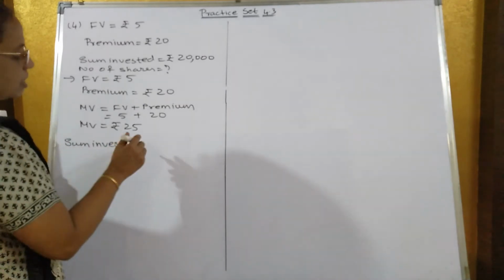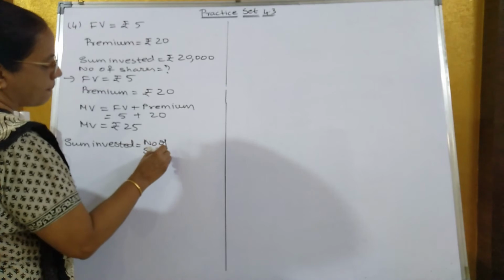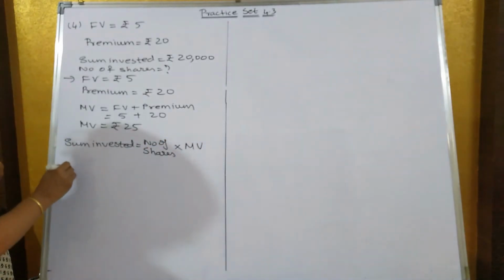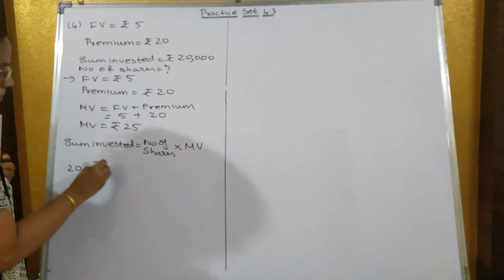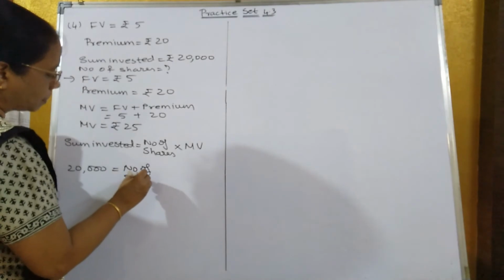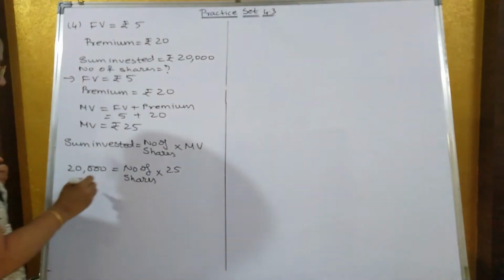So market value is rupees 25. Sum invested is number of shares into market value. 20,000 is equal to number of shares, which we have to find out, into market value, which is 25.